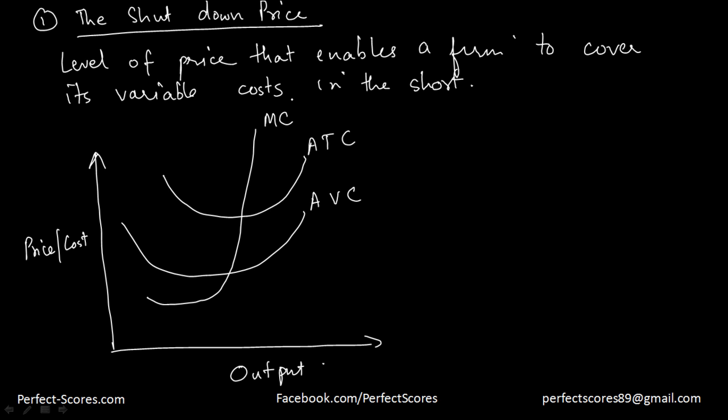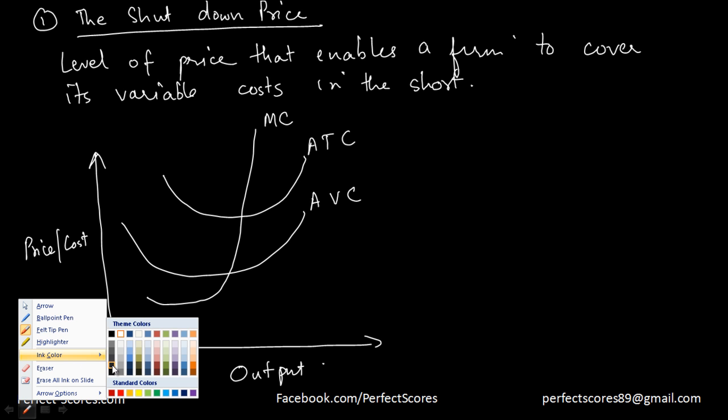Now how do I put the shutdown price in? Shutdown price is the price where I'm able to cover my variable cost. So if I show it here, I'm going to use a different color pen for that.